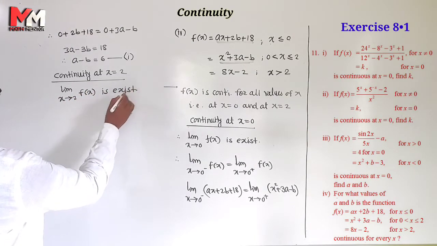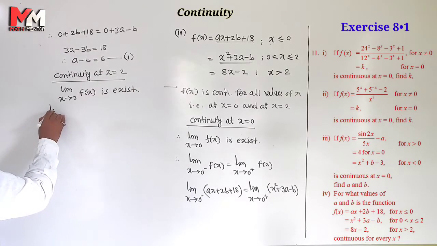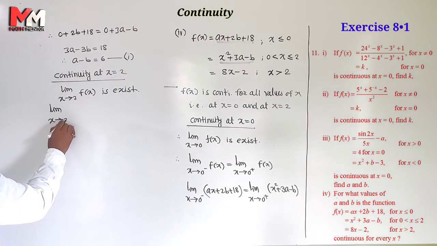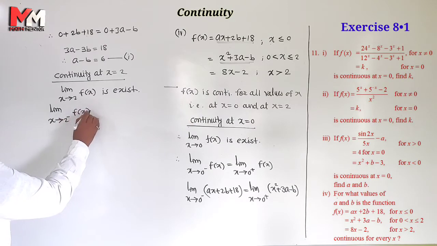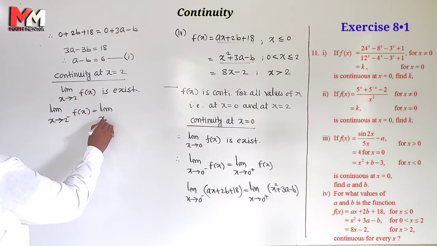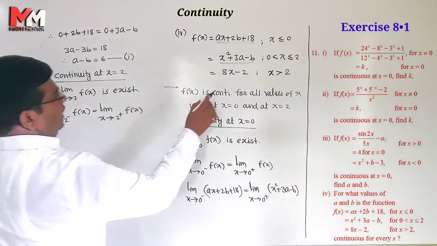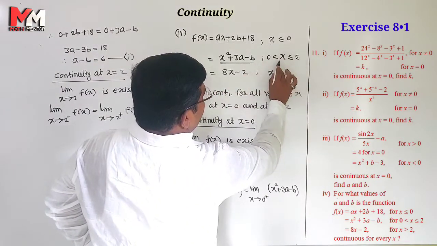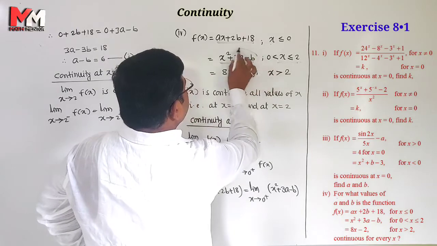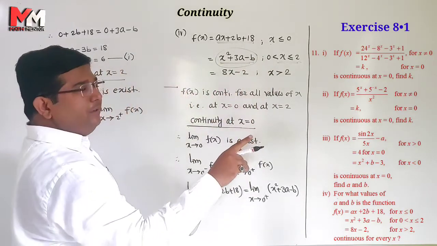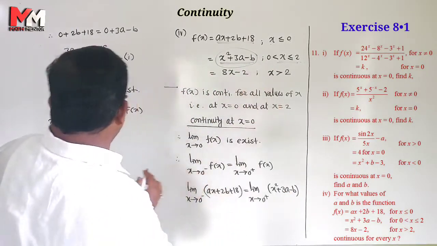So obviously limit of function exists. So limit x tends to 2 minus f of x is equal to limit x tends to 2 plus f of x. So यहाँ पर x is less than 2 है, so this function is for left hand limit at x tends to 2.